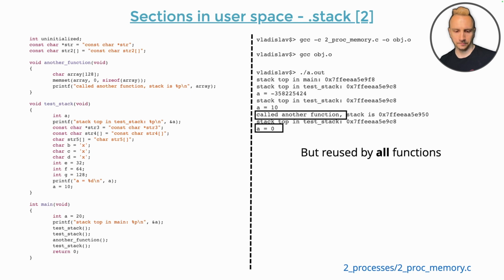And also, the heap is just a much more complicated data structure, because it's not just a contiguous virtual address space. It probably will be multiple large blocks which are split into even smaller blocks and smaller blocks, and they are organized in some sort of tree or a hash table.